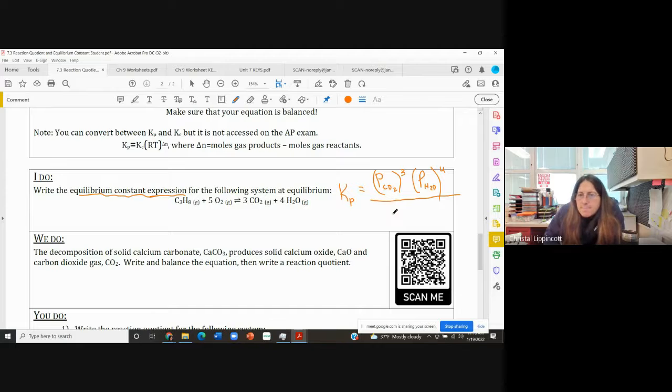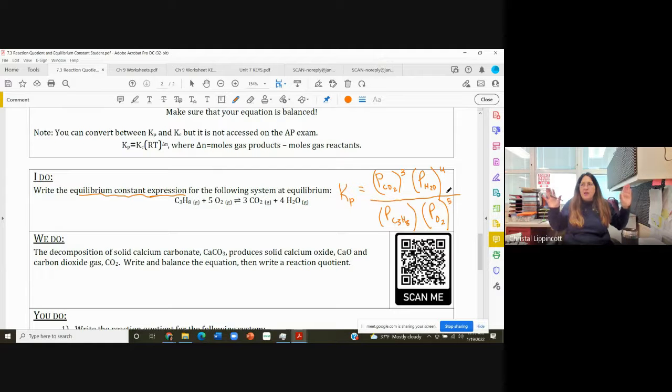These are parentheses because we're doing pressure now. And this is going to be over the pressure of C3H8. That doesn't get raised to a power because there's no coefficient here. And then times the pressure of O2 raised to the fifth power. And that's it. Drop your pencil, walk away.